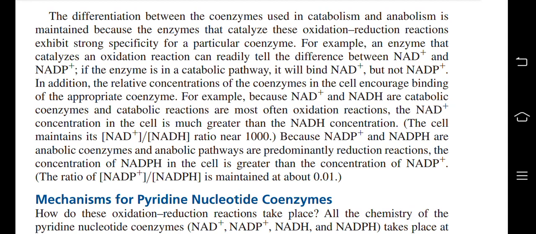Because NADP positive and NADPH are anabolic coenzymes and anabolic pathways are predominantly reduction reactions, the concentration of NADPH in the cell is greater than the concentration of NADP positive.